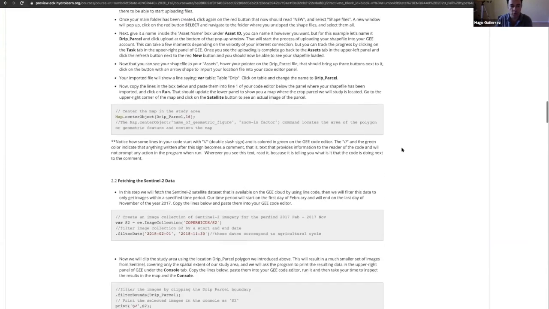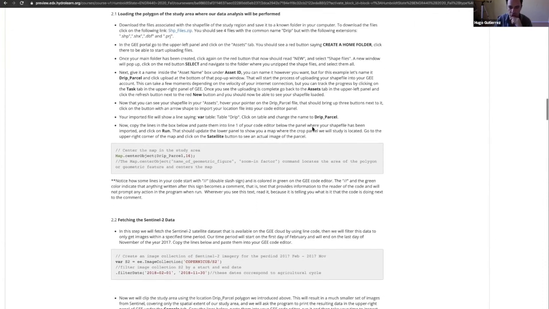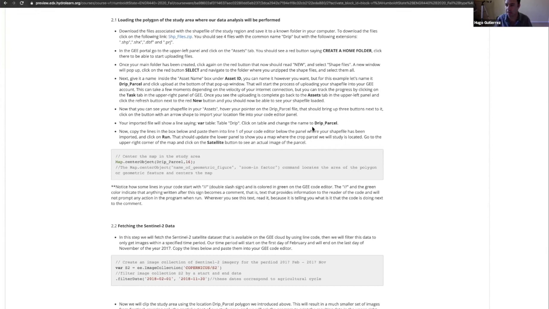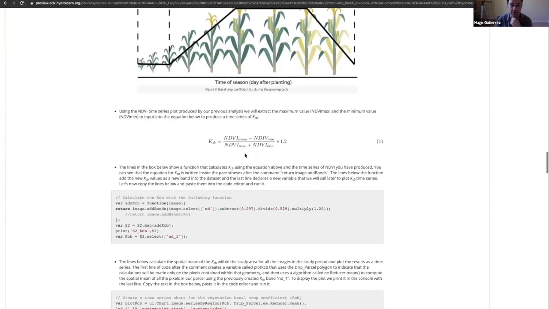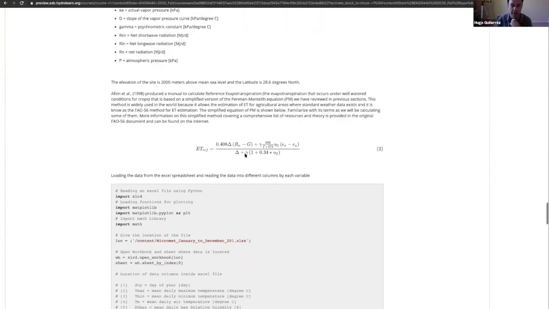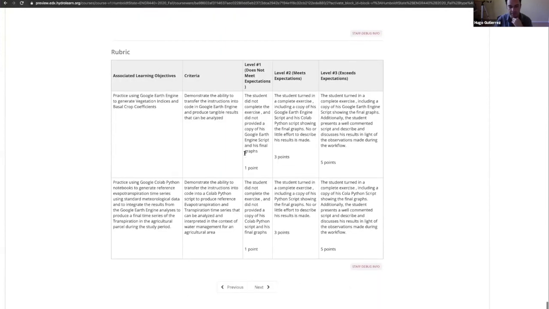And then we have small chunks of code with very detailed explanations so that the students are not given the entire code, but rather, they are explained all the different parts of the code and what it does, so that they can copy and paste into their own code editors, both in Google Earth Engine and in Python in the Google Colaboratory. So as you can see, this is a long learning activity, but we think it's very interactive.